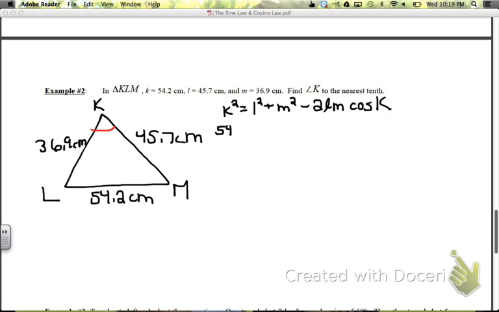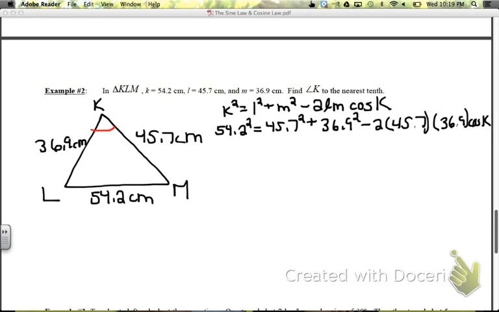So I have 54.2 squared is equal to my L squared, which is 45.7 squared, plus my M squared, which is 36.9 squared, minus 2 times our L, 45.7, times our M, 36.9, cos K.